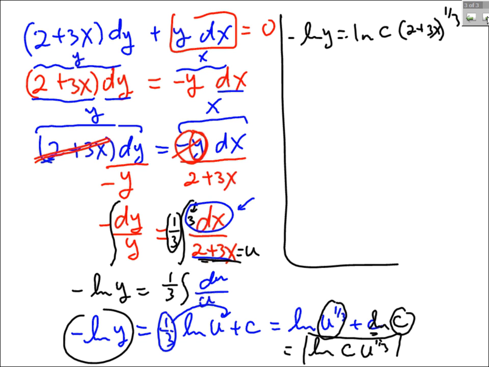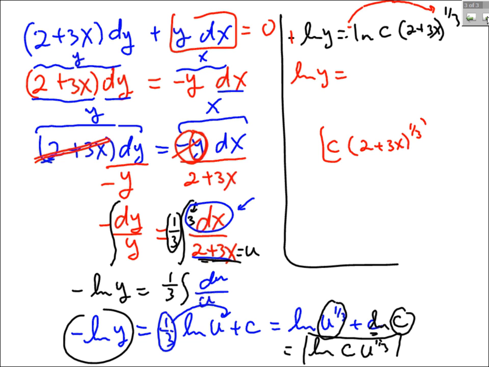Okay, now if I multiply both sides by negative 1, that is, if I change the signs of both sides, I make this positive and I make that negative. So then ln of y equals, I can bring this up as the power. Now basically we have c times 2 plus 3x to the 3rd.